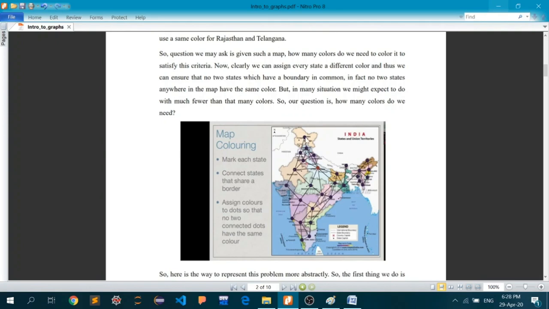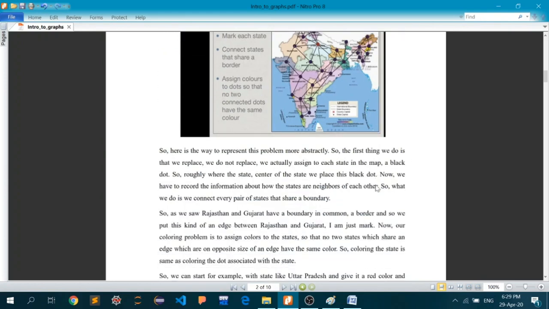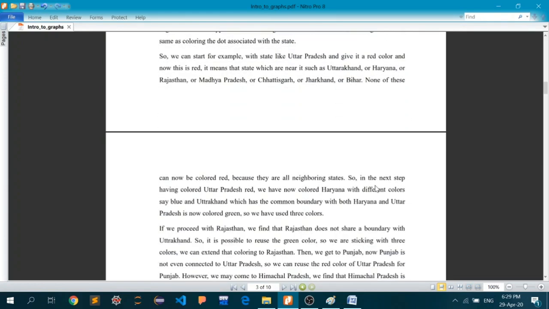But the node of Jammu and Kashmir is not connected to the node of Haryana directly, because the Jammu and Kashmir state doesn't share a common boundary with Haryana state. So that is the rule I have taken into consideration while devising a graph out of this political map of India. Understood? So let's move ahead.